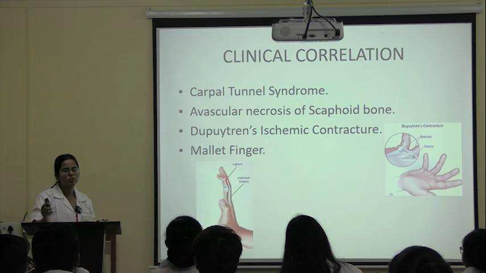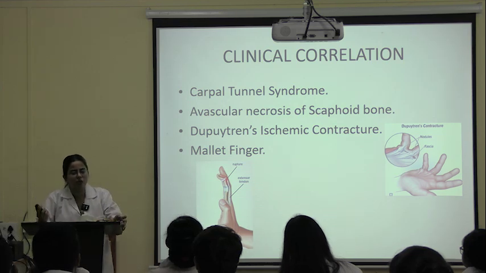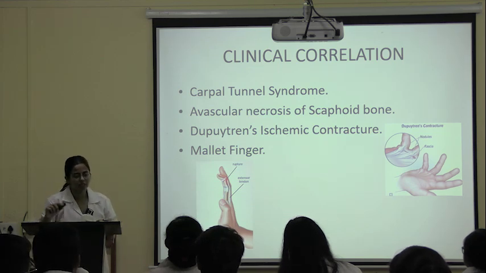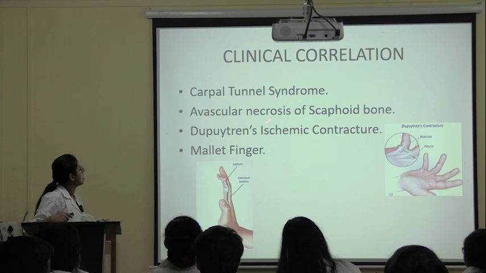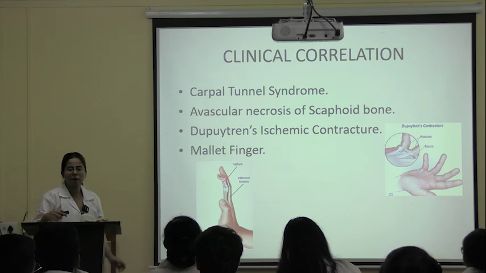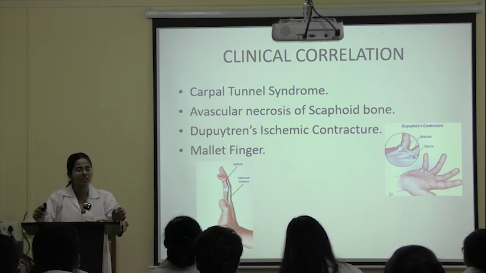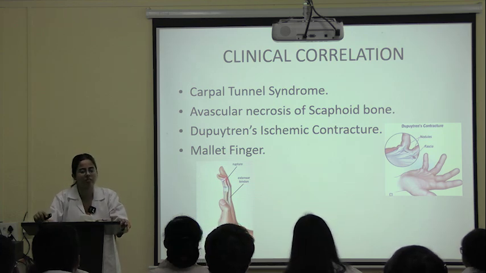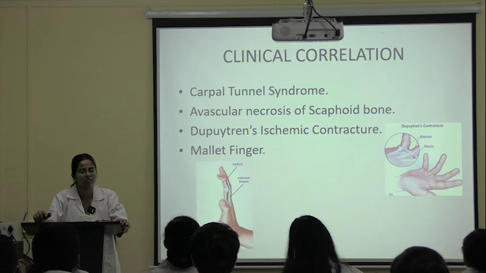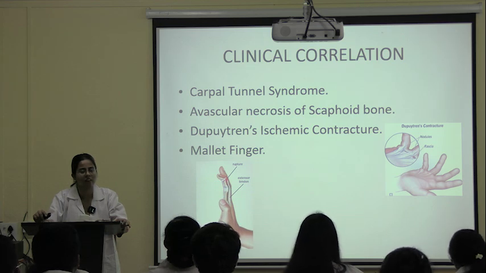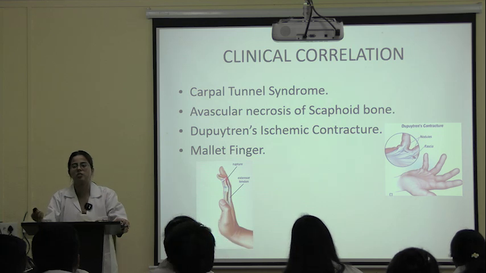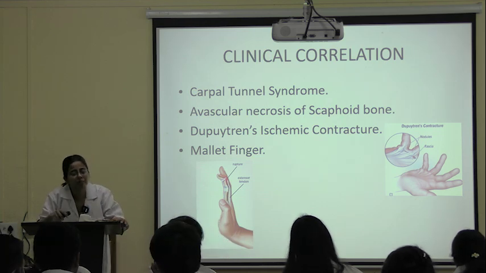It can be due to arthritic changes, or obesity, or during childbirth. It will compress the median nerve. Clear? Have you understood carpal tunnel syndrome? Can anyone explain to me now what is carpal tunnel syndrome? Last bench, you.